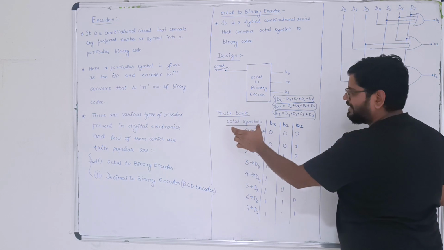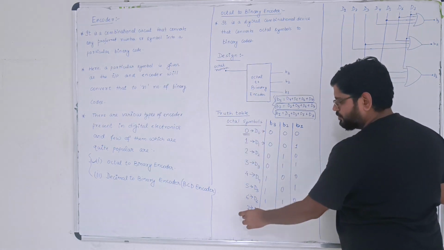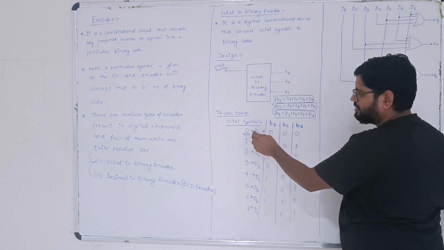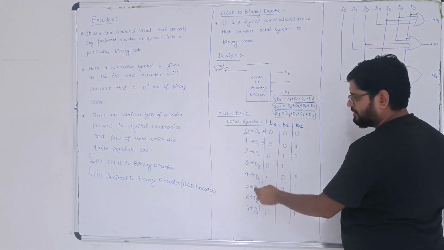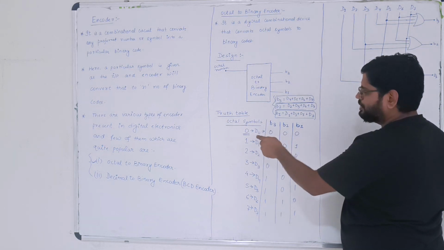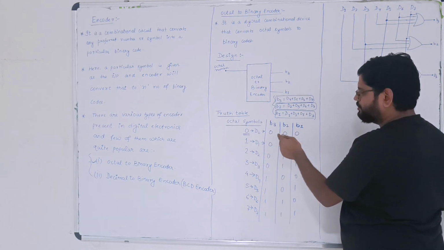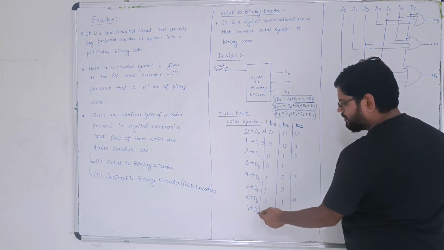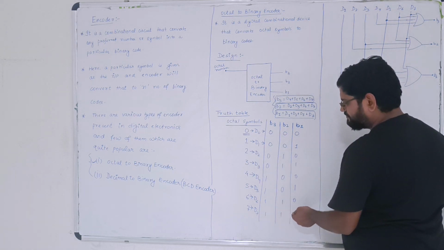For the truth table, we have taken the octal symbols from 0 to 7, and for proper realization we have numbered them D0 to D7. After that, 0 will be encoded as 0, 0, 0, 1 will be encoded as 0, 0, 1, and likewise we have gone for D7 representation as 1, 1, 1.